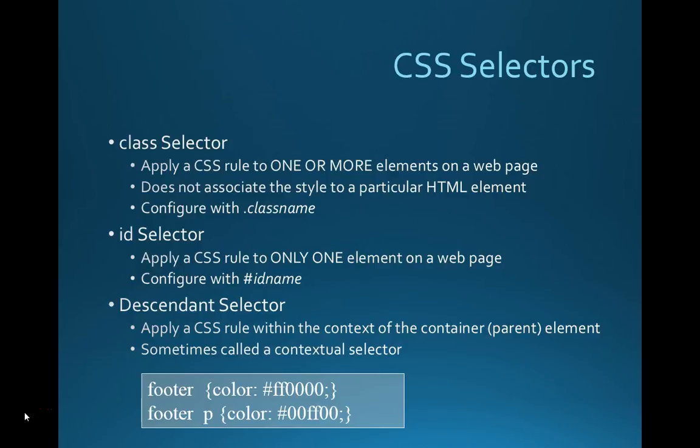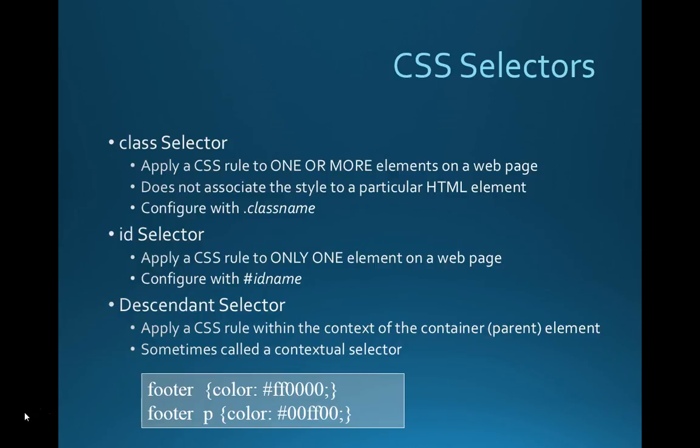We have a footer that has a style. That means the footer is going to be styled like this, the whole thing. So whatever's inside of it is going to get styled with that text color. But I don't want that. I only want the paragraph element that's within the footer to be styled.